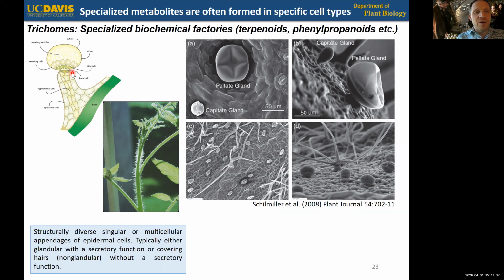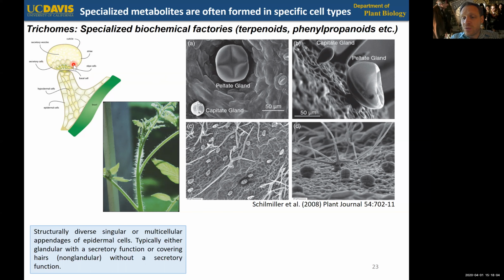On the top, you have a secretory vesicle sitting on top of the trichome. You have stipe cells that are connectors to the base, and you have these secretory cells. These secretory cells are where a lot of the specialized metabolite biosynthesis in trichomes is occurring, and then the metabolites are secreted into this vesicle.